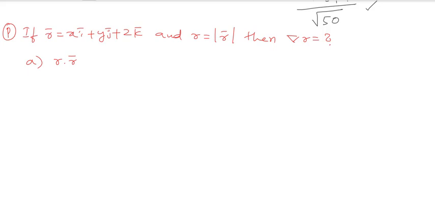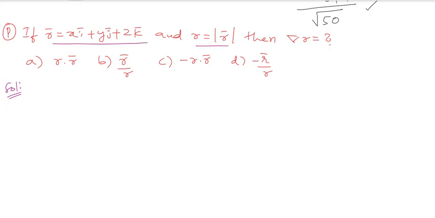Option A, r into r bar. B, r bar by r. C, minus r into r bar. D, minus r bar by r. So this is the question they had given. They gave r bar equal to xi bar plus yj bar plus zk bar, and r equal to mod r bar.